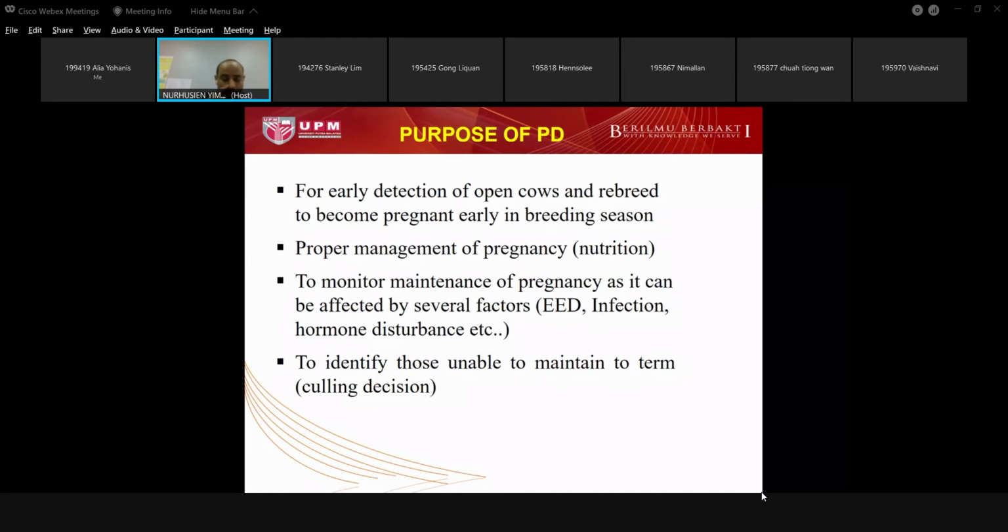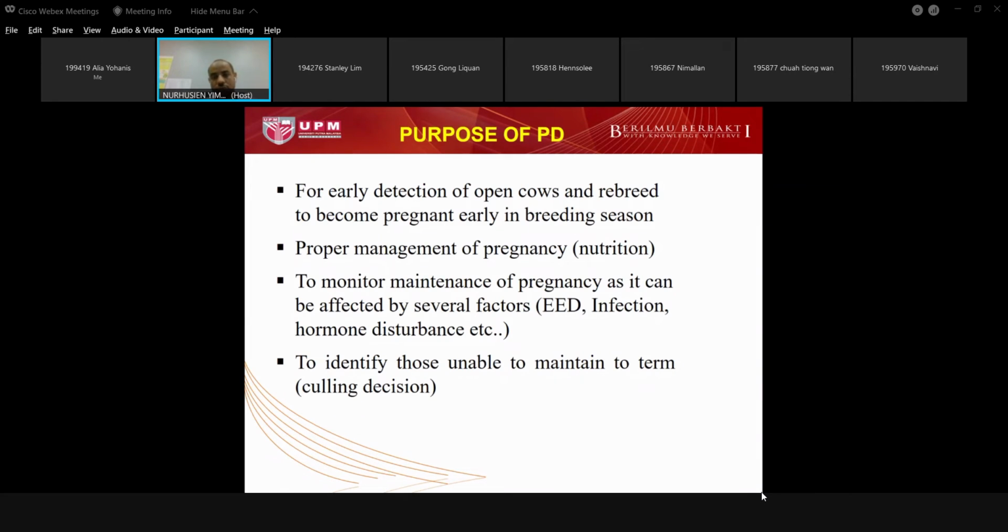The other important purpose of doing pregnancy diagnosis is, once you have established pregnancy in a given animal, you cannot be very sure that this pregnancy will be sustained up to term. It can happen that in the middle of the period, the pregnancy might be terminated, or abortion can happen due to several different reasons.